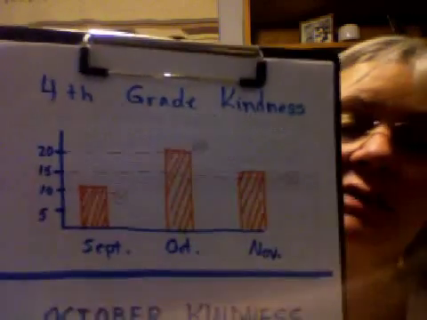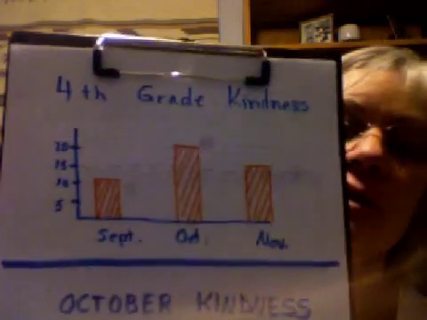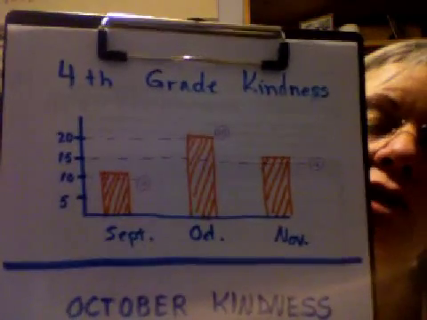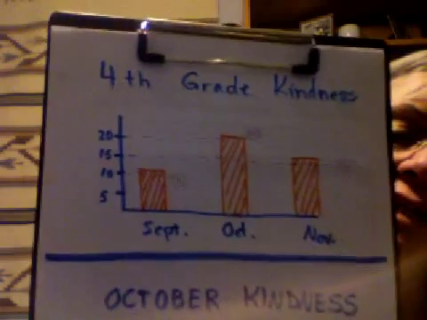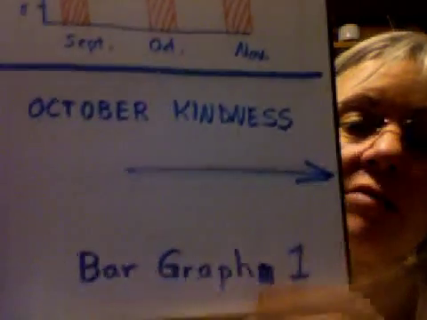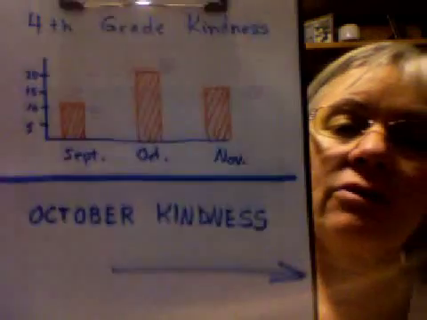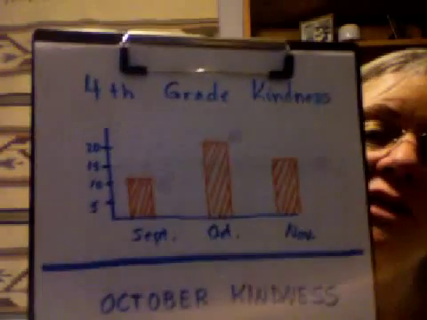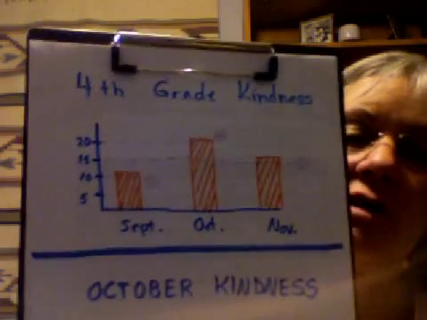We've taken all this information from our very simple chart where we counted all the kindnesses. This is called bar graph number 1, which is only 4th grade kindness for all of the months. Now, if we wanted, for example, to look at the kindness for October, that would be completely different.